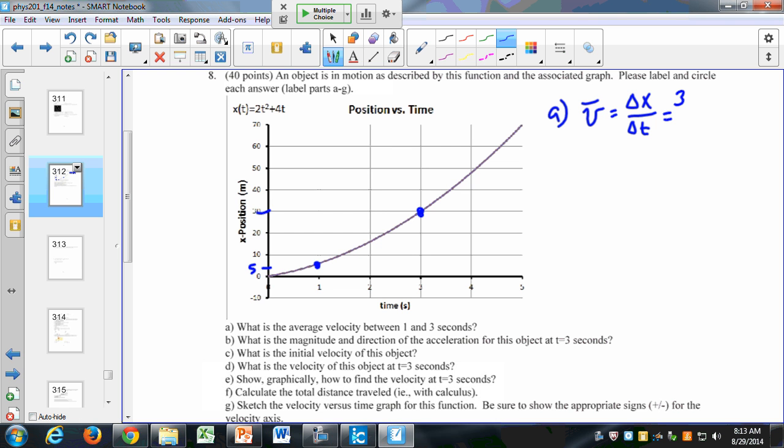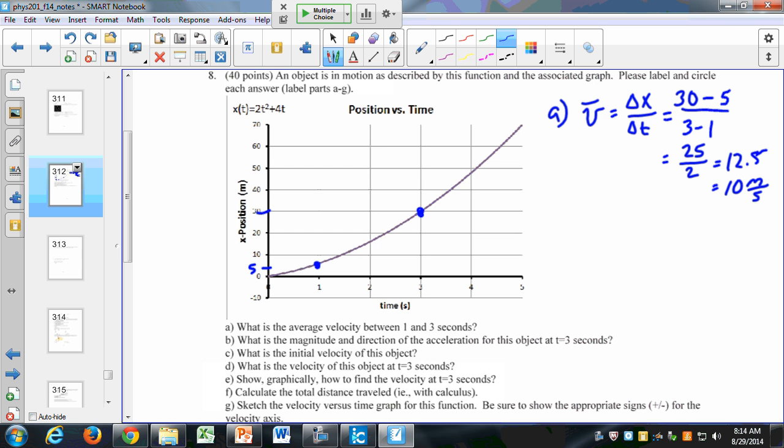So it's the final position minus the initial position over the time, which is 3 minus 1. How do I sig fig? So really just keep one sig fig, but it's going to be 25 over 2, which is 12.5. But keeping proper sig figs, we would just have 10 meters per second. All right, that's just based on our definition of average velocity. You just take your initial and final points off.